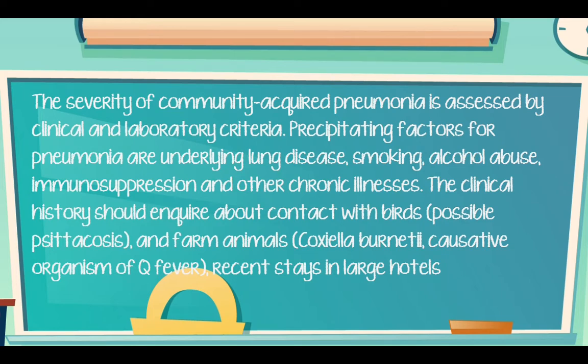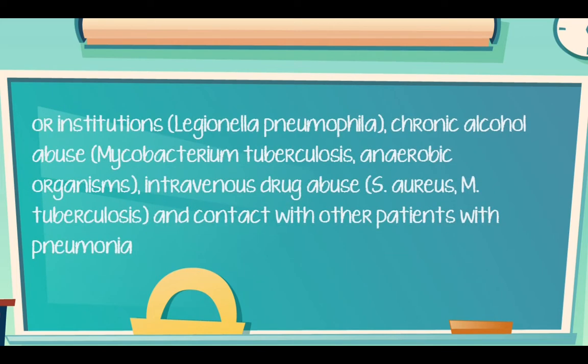The clinical history should inquire about contact with birds, possible psittacosis, and farm animals, Coxiella burnetii, causative organism of Q fever, recent stays in large hotels or institutions, Legionella pneumophila, chronic alcohol abuse, Mycobacterium tuberculosis, anaerobic organisms, intravenous drug abuse, S. aureus, M. tuberculosis, and contact with other patients with pneumonia.